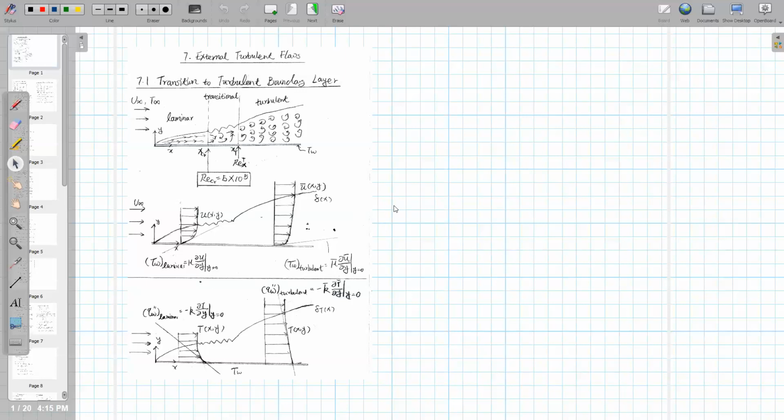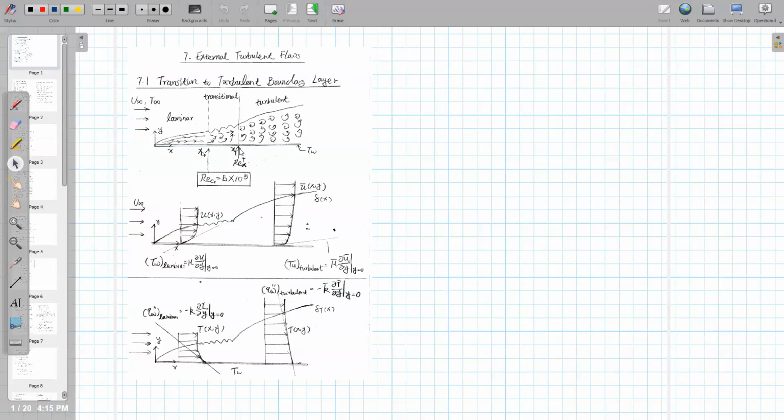In the transitional region, the turbulence effect has already begun to show, but it's still not dominant in the flow field. So it's like you see a little bit of changing of the fluid streamline direction.